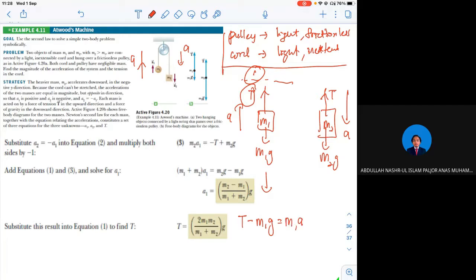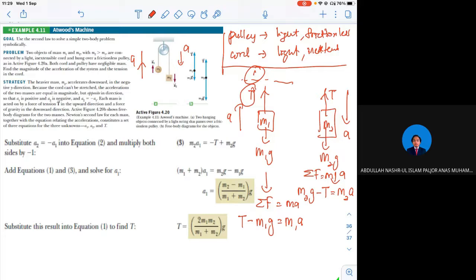So that is number one equation. For the second part, dia akan jadi macam mana? Dia akan jadi M2G tolak T equals M2A. Because based on our summation of F equals MA.